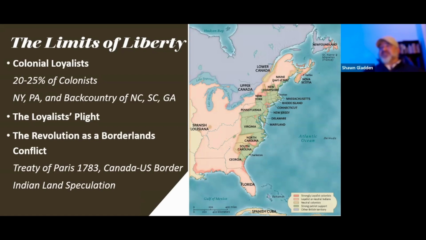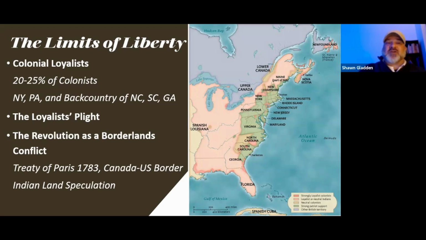All right. The next few slides are about the limits of liberty. Not everyone secured liberties coming out of it. During the Revolution, about 20 to 25% of the colonists remained steadfastly loyal to the crown.